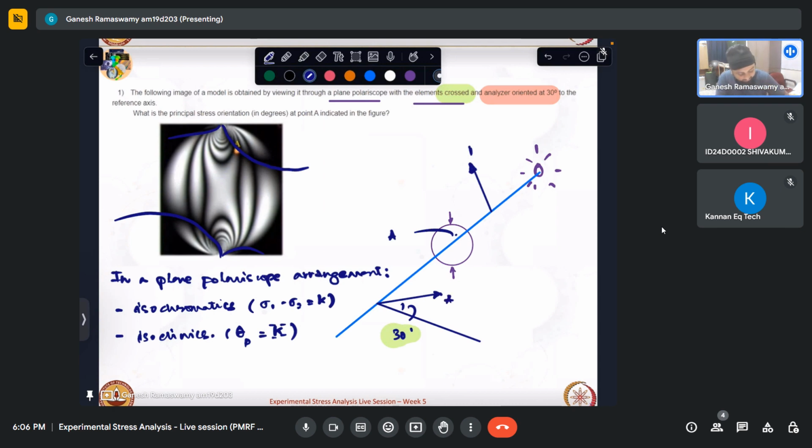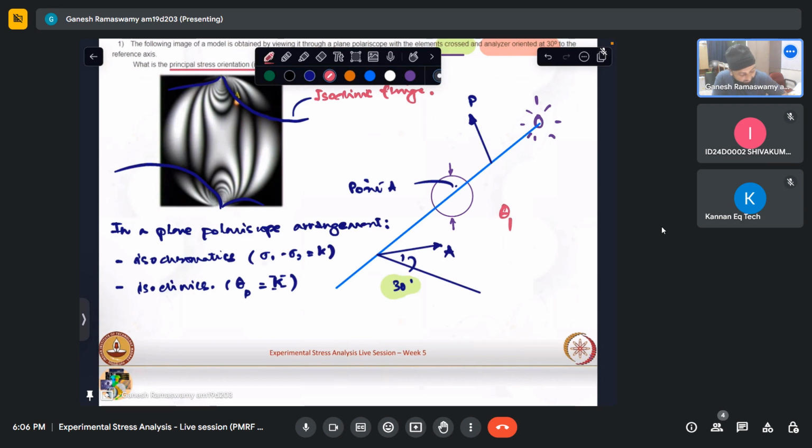This is the analyzer, this is the polarizer, and this is point A, not to be confused with analyzer. So when we kept it at 30 degrees and it was crossed, the fringe passed through point A, and this is the isoclinic fringe. Therefore, the principal stress orientation at point A is nothing but 30 degrees.